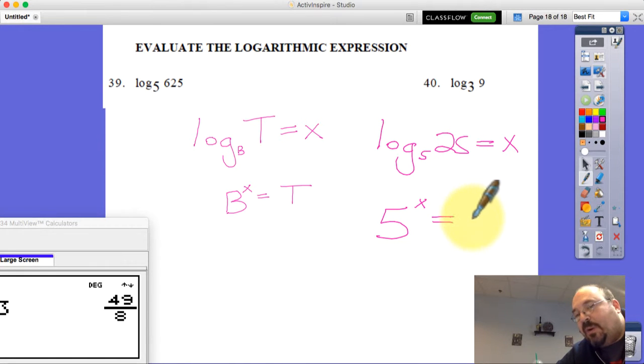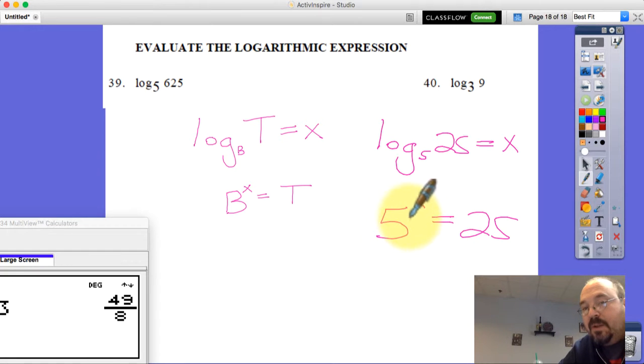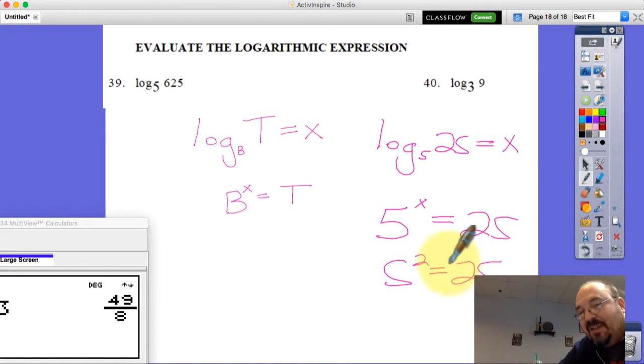And the target I would expect when I do that is 25. So, what number would I raise 5 to get 25? The answer would be 2. I'm sorry, because 5 squared is 25. Okay. So log base 5 of 25 equals 2.